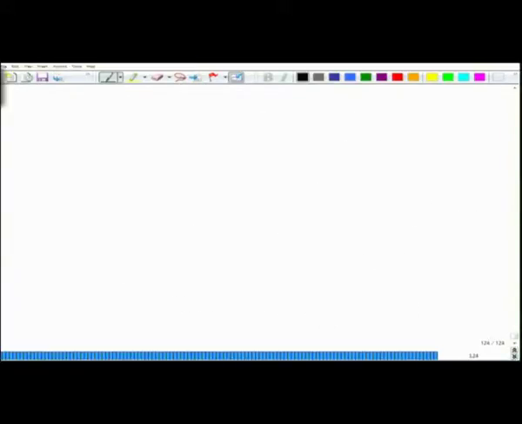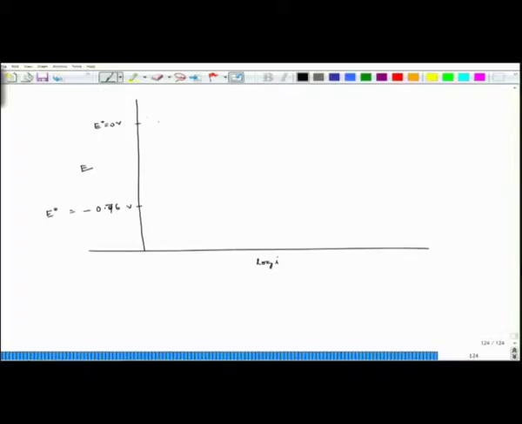If I try to plot them on a log I versus potential axis, let us say this is my zinc potential, which is minus 0.76 volt, equivalent to E0, and this is my E0 of 0 volt for hydrogen.